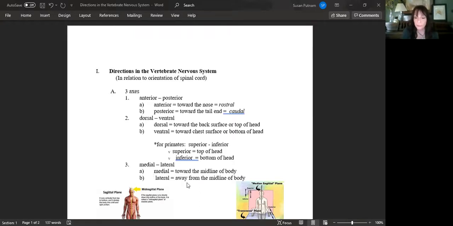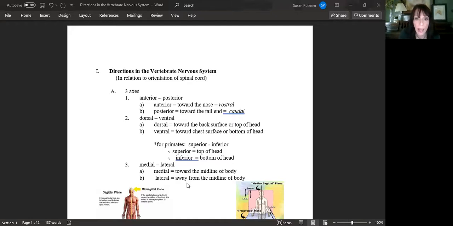And so if you have two things, and one is here and one is here, this structure here would be lateral compared to this one that's closer to the midline.